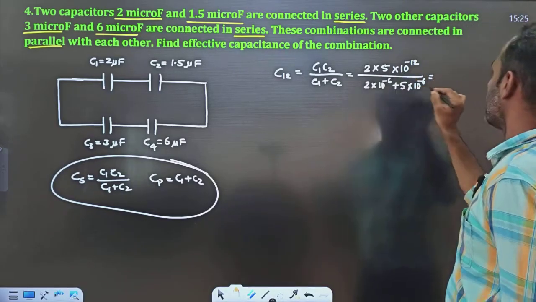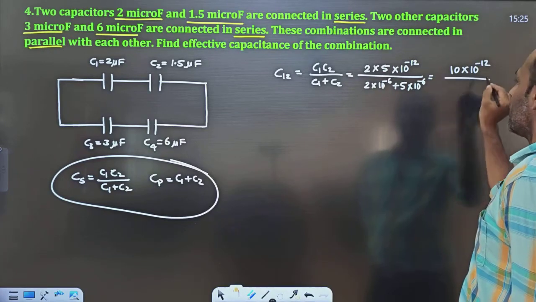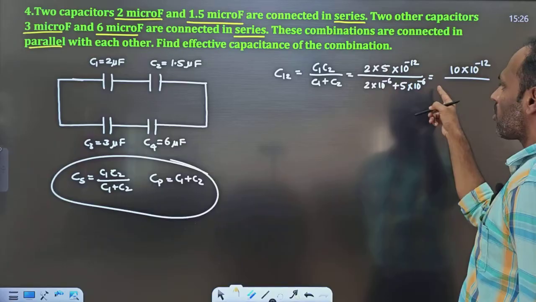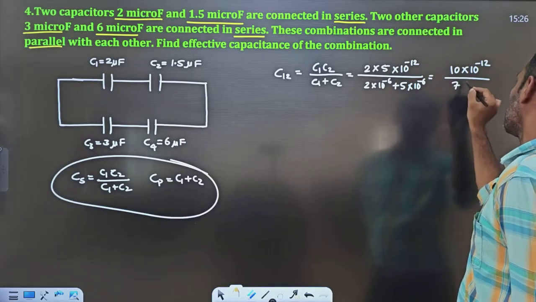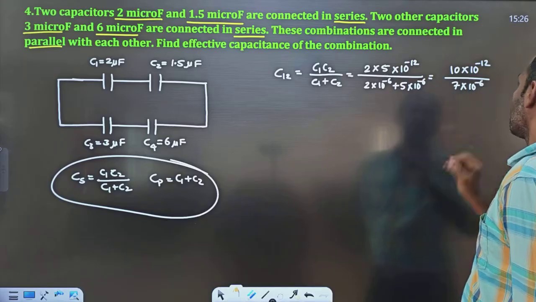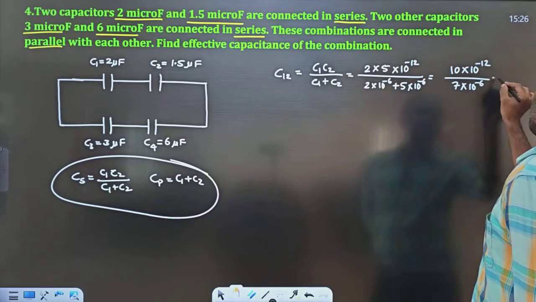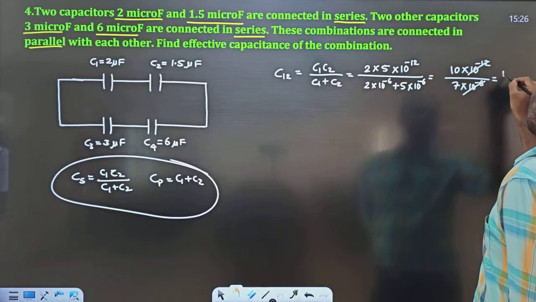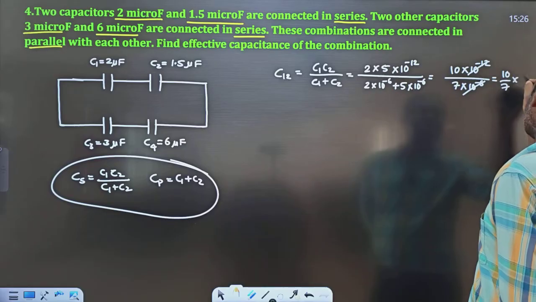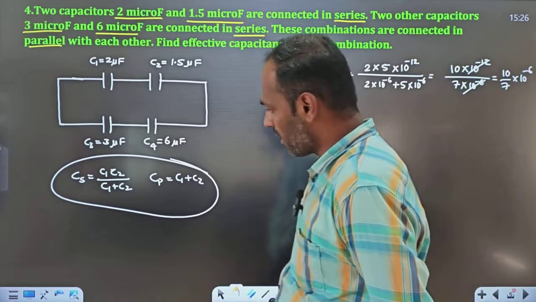So 2 fives are 10, 10 into 10 to the power minus 12, divided by 10 to the power minus 6 common, we can take. Taking common, inside the bracket we get 2 plus 5, which is 7, 7 into 10 to the power minus 6. So minus 6 cancels, and I get 10 divided by 7 into 10 to the power minus 6.